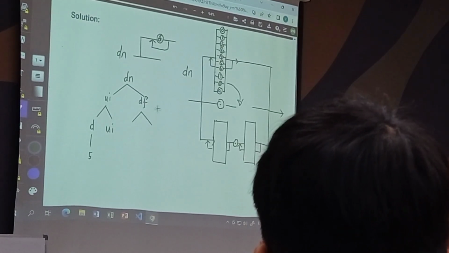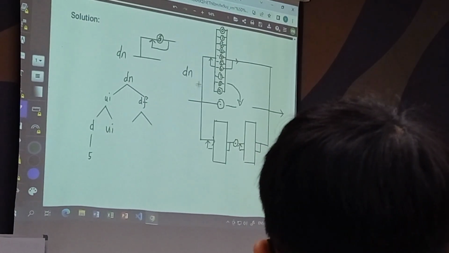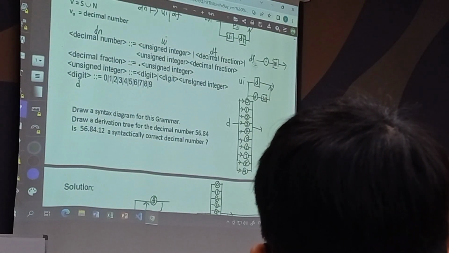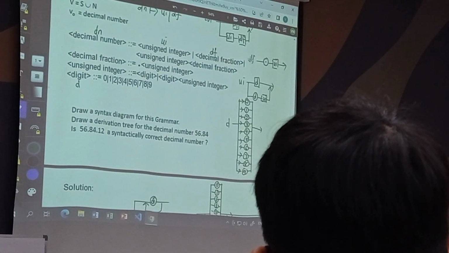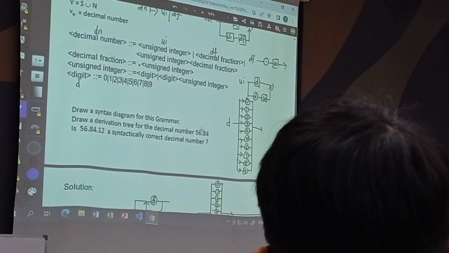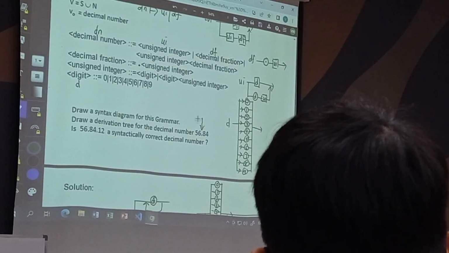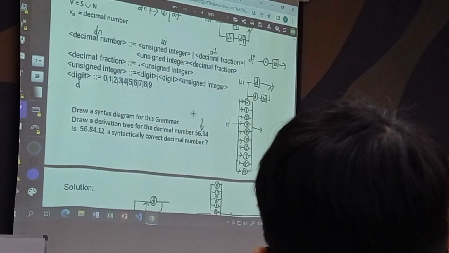Decimal point and unsigned integer, correct or not? So, when you replace the decimal fraction with a decimal point, then only you will get this decimal point. So, at the left of the decimal point, you will have 5 and 6. So, that's why you need to have 2 digits to get the 5 and 6.